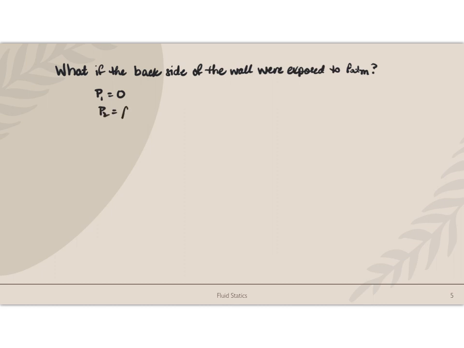P2 would be density at the top times G times the 1 meter, 9604 newtons per square meter. And P3 is 9604 plus rho B G times 3 meters, which is 40,180 newtons per square meter.